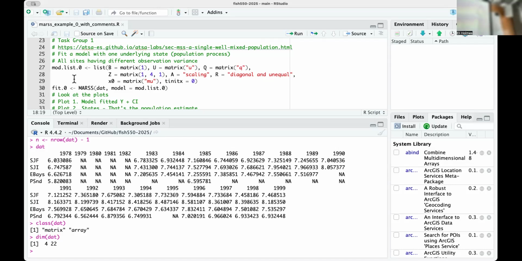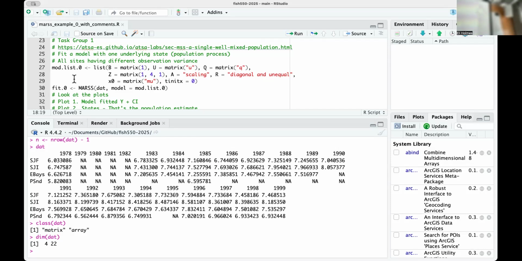Q, that variance covariance matrix, is also 1 by 1. I'm going to estimate that Q, so I put it in quotes. You can call the things in quotes whatever you want to call them. The Z is a matrix with 1s. It's got 4 rows and 1 column. A, that's the default, is scaling.